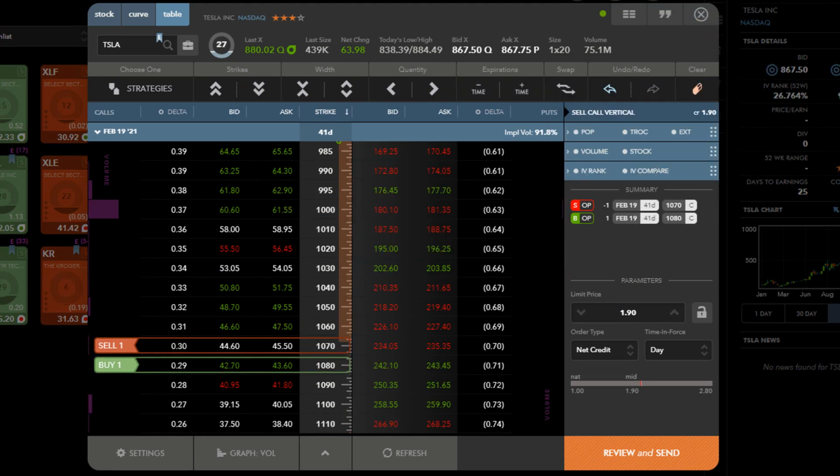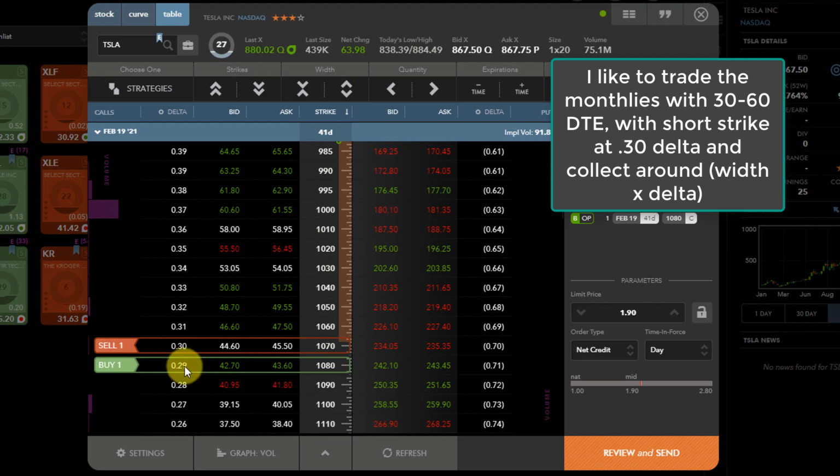When it comes to my personal preference on how to trade these spreads, I go to the 30 delta, and I'm usually selling the monthlies because they have more option volume and they're a little bit more liquid. I like to trade anywhere between 30 and 60 days, and then I'm trying to sell the short strike at 30 delta.